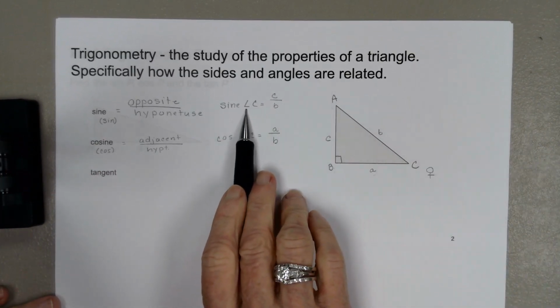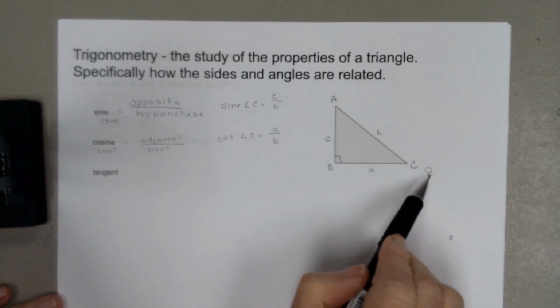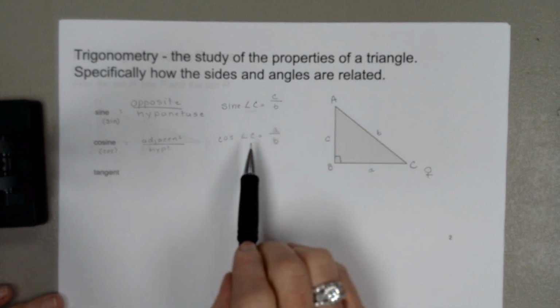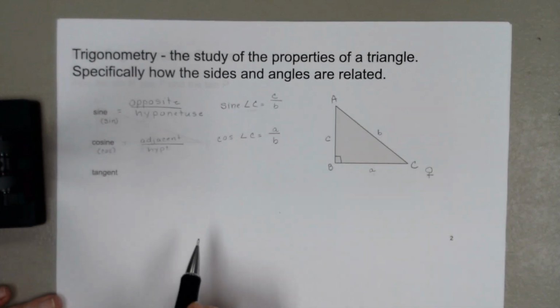This is going to tell you where you're standing. So if they're asking you for the sine of angle C, you're standing right here. If they were to ask you for the sine of angle A, you would be standing up there.